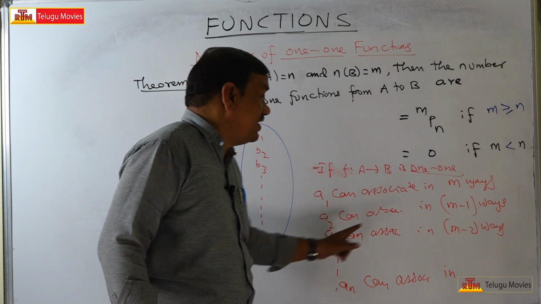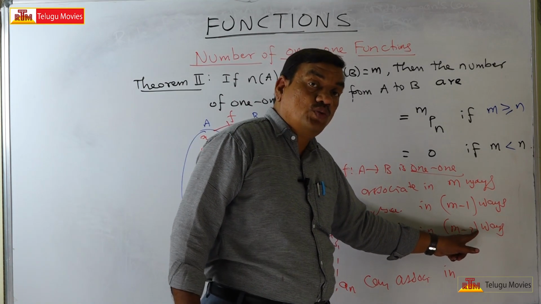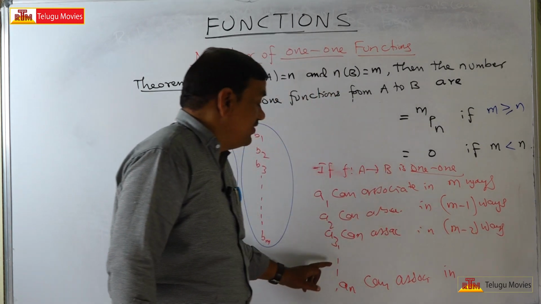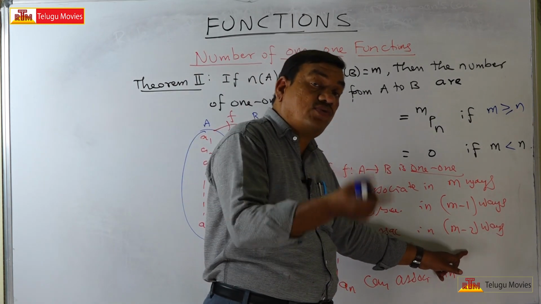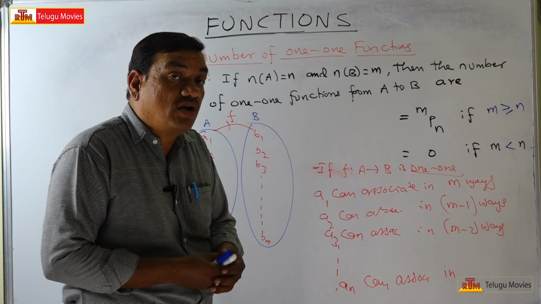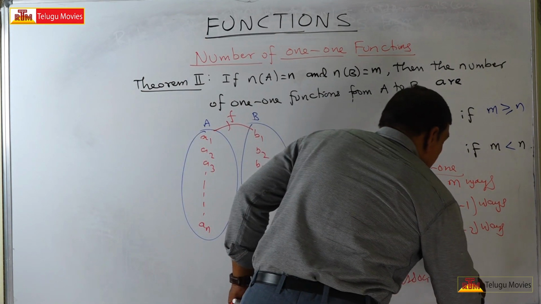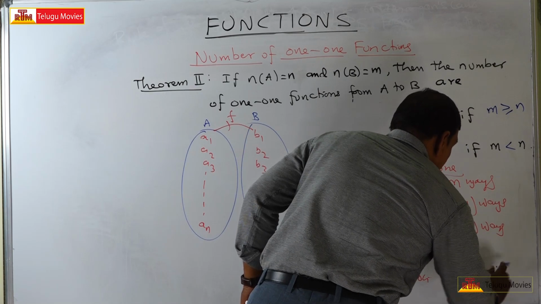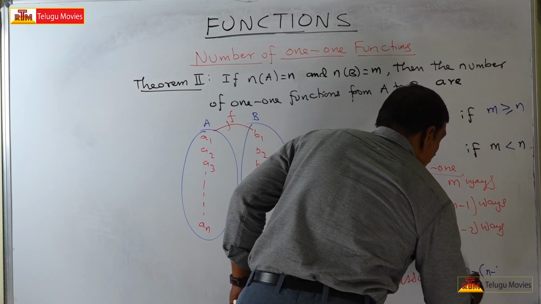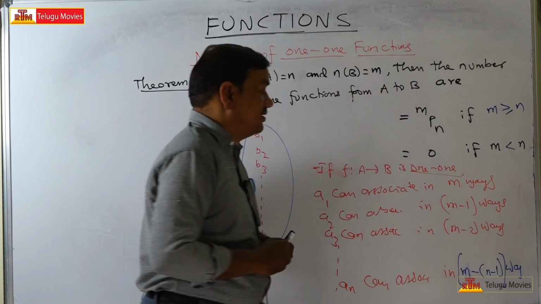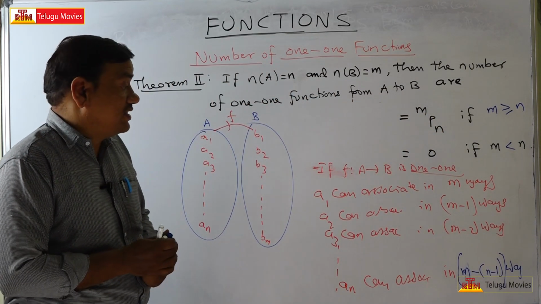If it is 3, here you are getting 2. If it is 4, m minus 3. If it is 5, m minus 4. That means one element keeps reducing. So An can be associated in m minus of n minus 1 ways. Remember this.